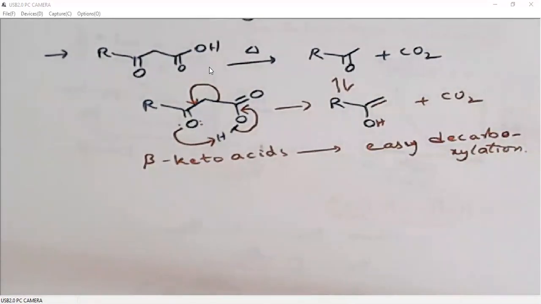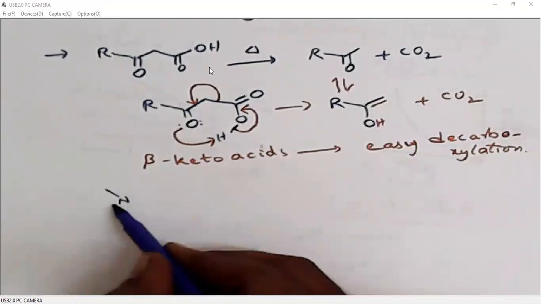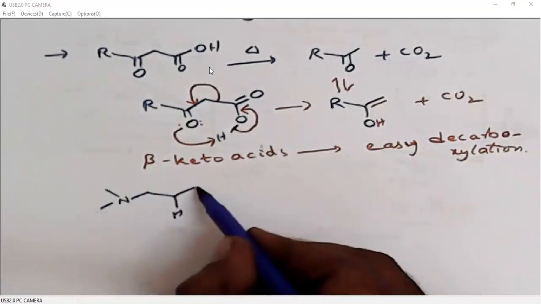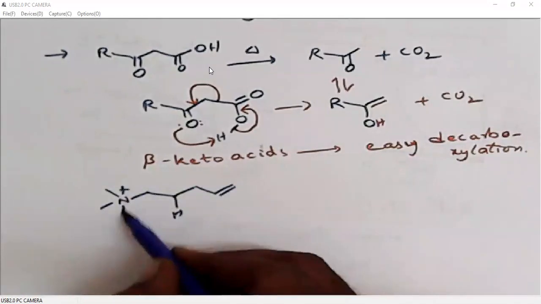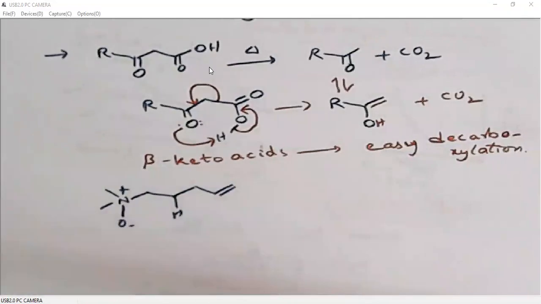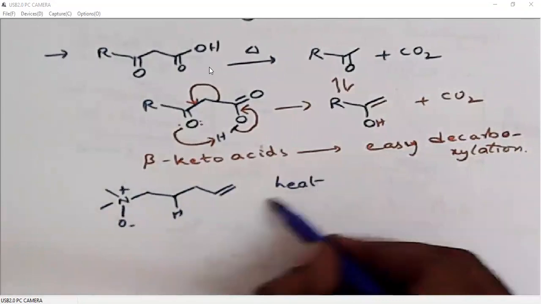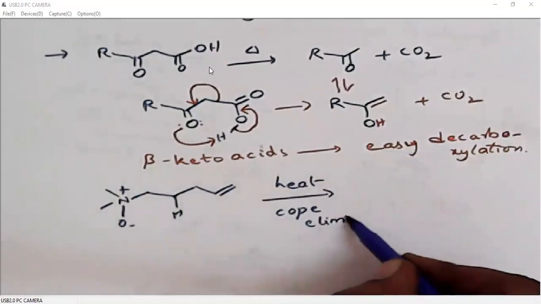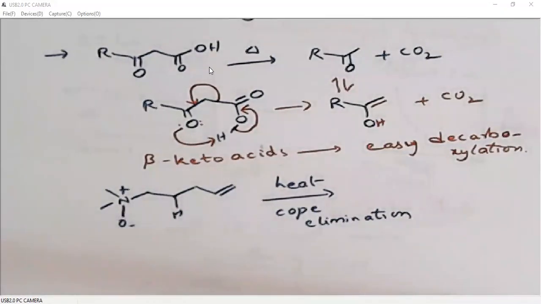Not only this, I'll also give you one more example of a simple intramolecular ene reaction which we used to read. Whenever you have a tertiary N-oxide, when we heat this, it undergoes Cope elimination so that the ammonium salt will be leaving out.